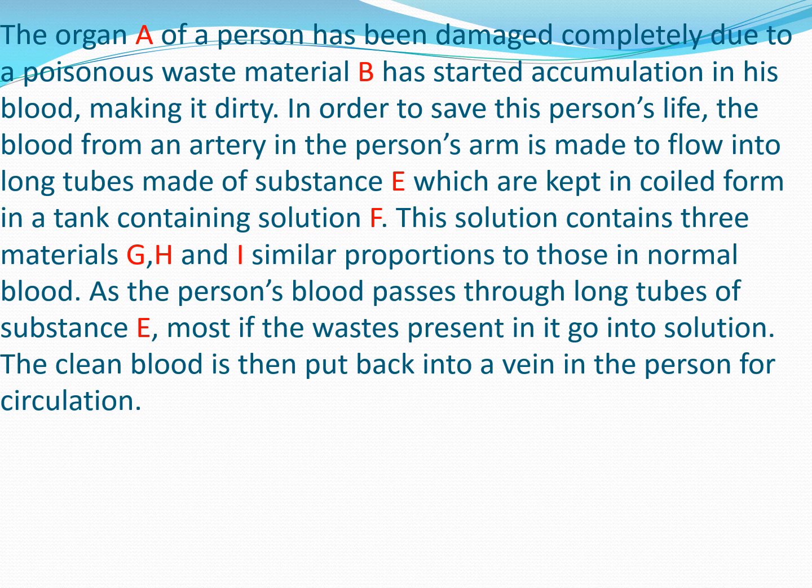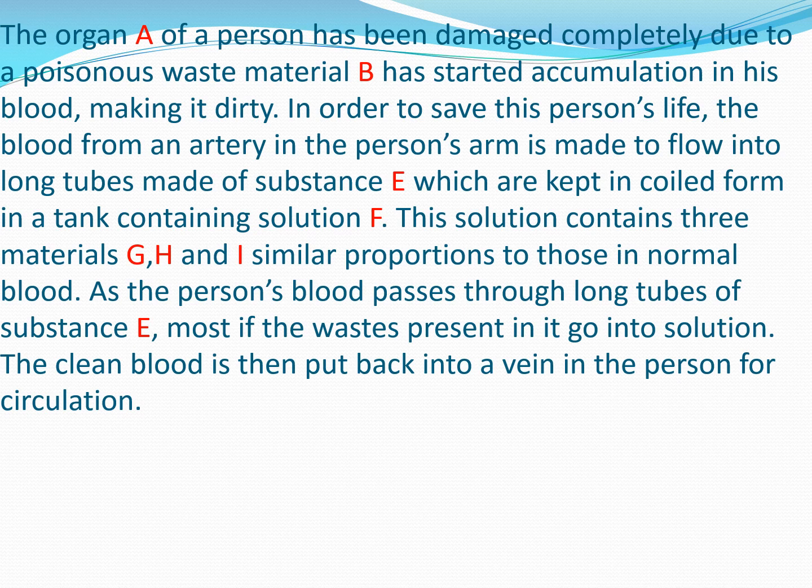So here organ A is kidney. Then waste material B here in human body, the urea is formed, which is nitrogenous waste substance, nitrogen containing substance. So A is kidney, B is urea, or otherwise you can say nitrogenous waste substance.